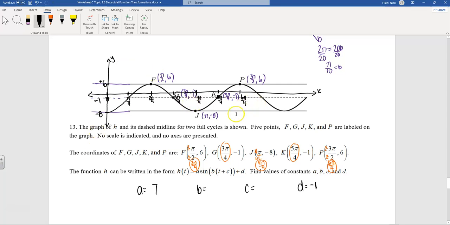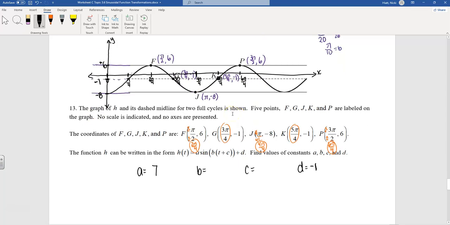Here, then we need to think about the period and the midline for this. If you have extended your graph out, I think it is so much easier to start at 0 right here to think of the period of the graph. So the period of the graph, you would go from 0 over to pi. So the period of this graph is pi, which means 2 pi over b, the way that we find period, has to equal pi.